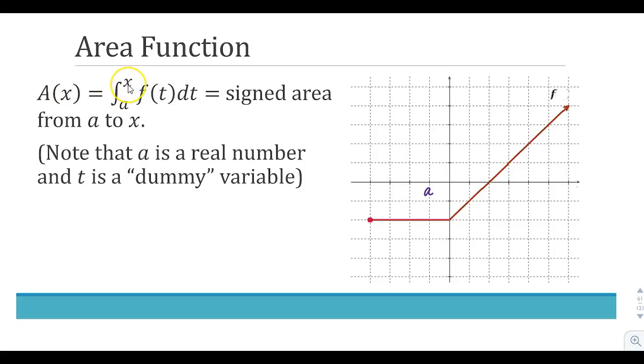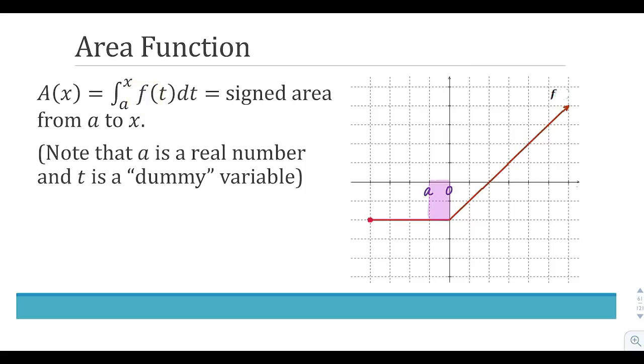And we're interested in plugging in different values for x. So let's say we substituted in 0. So what that means is that we're going to try to find the area between a and 0, between the curve and the x-axis. So that number is going to be the output of our function. So it's going to be the area of that rectangle. And then we can try to plug in a different number. So we can try to plug in 1. So A of 1 would be the integral from a to 1 under this function that we're calling f.